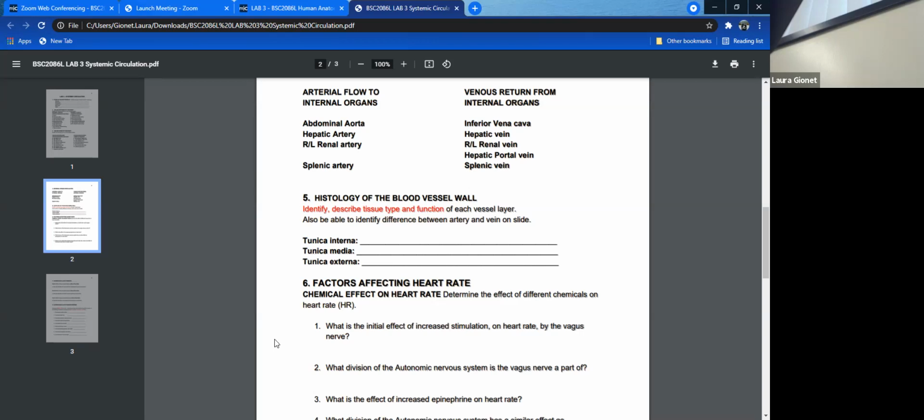That's your contractile layer, because all muscle contracts. And then the tunica externa, a connective tissue layer to the outside. Just like any other connective tissue, it helps protect it from friction from adjacent structures. It helps secure nerves and lymphatic structures to that vessel.